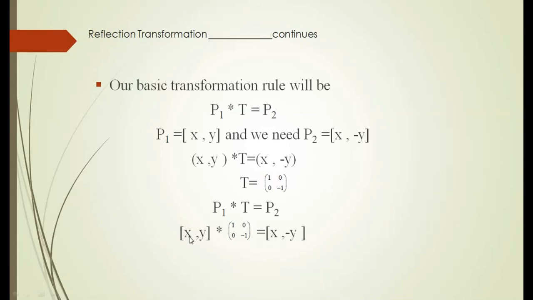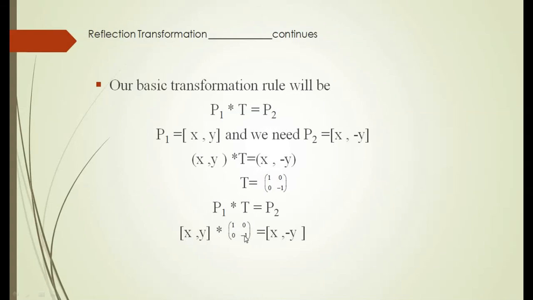Here the original coordinate (x, y) is multiplied by the T matrix [1, 0; 0, -1]. The row is multiplied with the first column, that gives x, plus the row multiplied with the second column, that gives minus y.